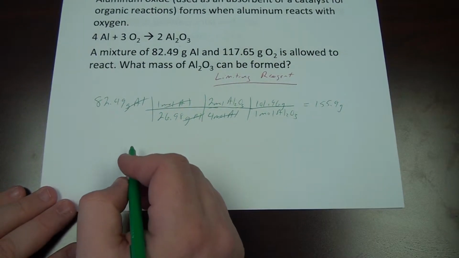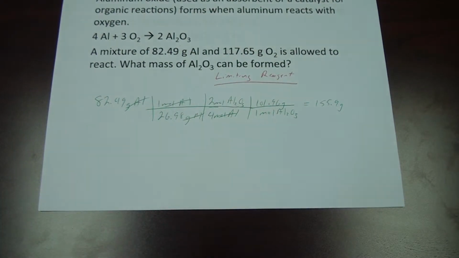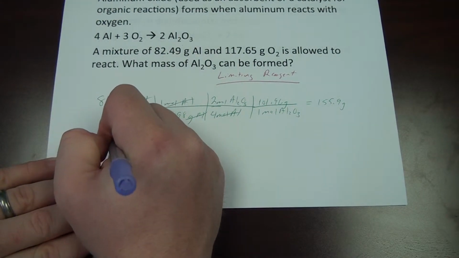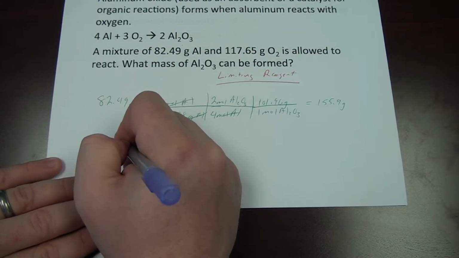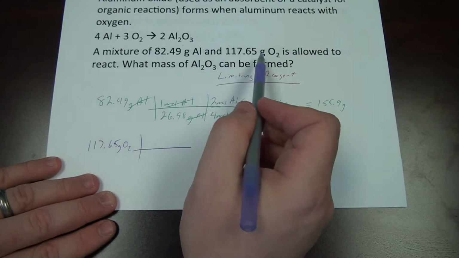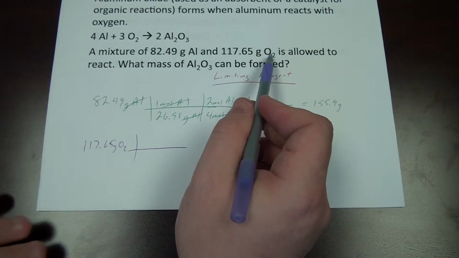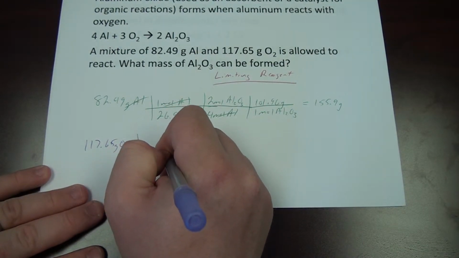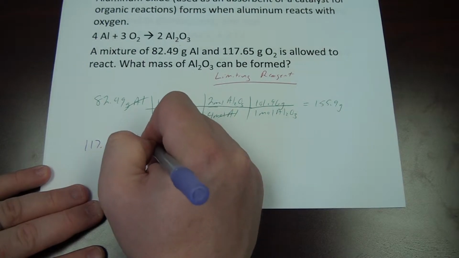We're going to repeat this for the other one. 117.65 grams of O2. Again, repeat the same process. If we have grams, we have to convert to moles. So for every 32.00 grams of O2, we get 1 mole.